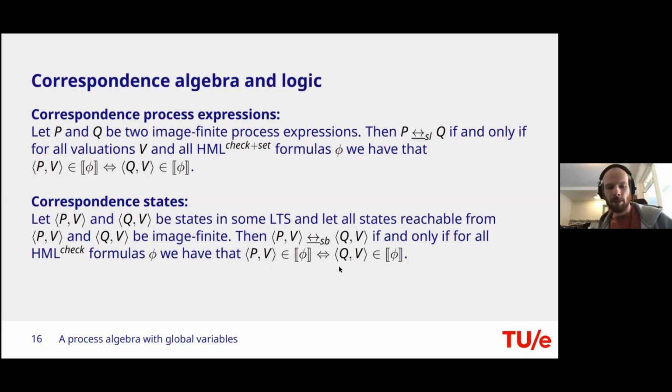So intuitively, state-based bisimilarity doesn't quantify over all the valuations. It just looks at only the reachable states. So we don't want to have this set operator, but for stateless bisimilarity, we need this set operator to reason about states that are not necessarily reachable.